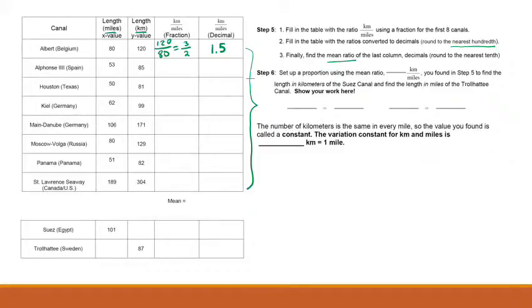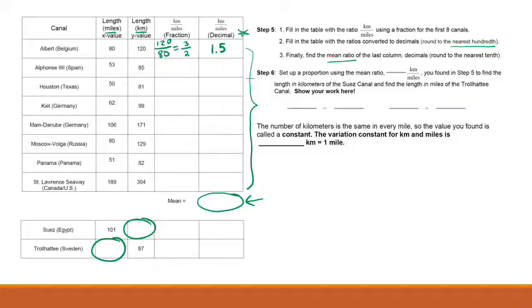So add up all 8 of those decimal values and then divide by 8 to find the mean number of kilometers per mile. And then in step 6, you're going to go ahead and solve for the missing values for the Suez Canal and the Trollhätte Canal in Sweden by using the mean ratio that you have found previously.